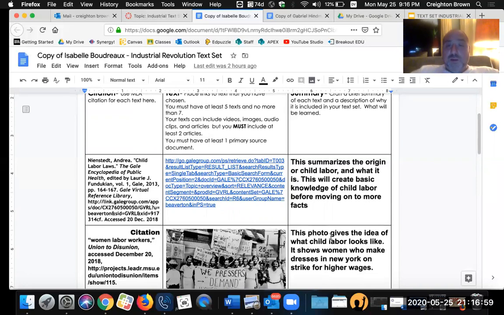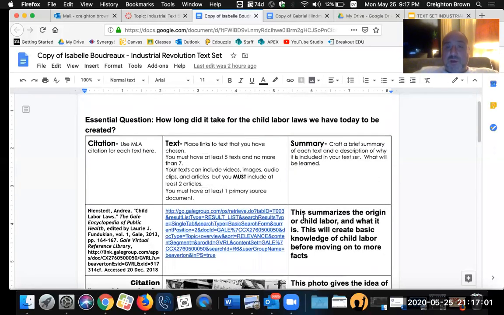And then they wrote a summary explaining what anyone should be able to learn from this source. So they evaluated the text. And all those pieces answer their question: How long did it take for child labor laws we have today to be created? That's the essential question they came up with, and it's pretty good.